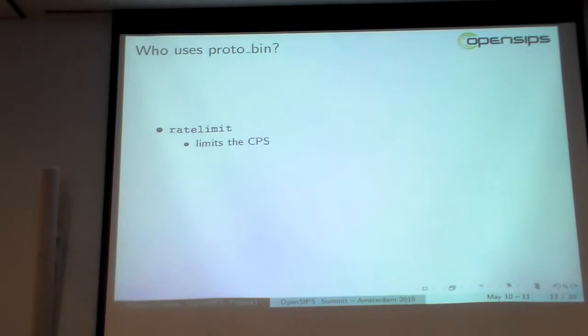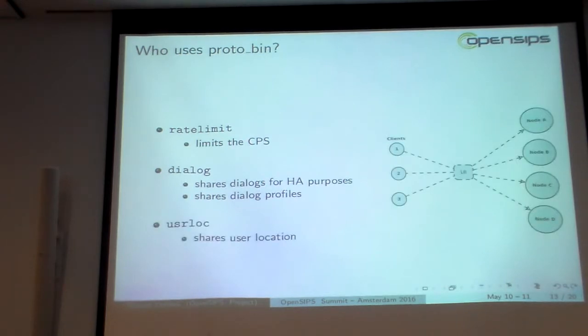Who uses it? In 2.2, for example, ratelimit uses it to limit the calls per second, dialog, and user location. Ratelimit can be used to limit the calls per second the entire platform can do.